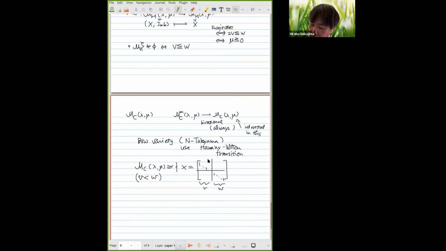So this is related to the concept of slice. This red entry is arbitrary numbers. If you don't put any further condition, then this is just a vector space because those red entries are arbitrary complex numbers. Other entries are fixed. You impose the condition that X is nilpotent.